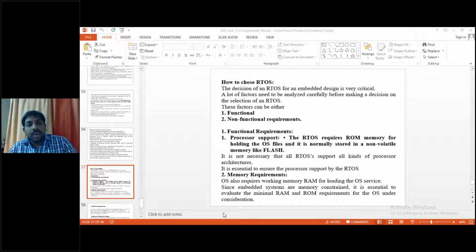The RTOS requires ROM memory for holding the OS files, and it is normally stored in a non-volatile memory like flash. And coming to memory requirements, the OS also requires working memory, RAM, for loading the OS services, and it is essential to evaluate the minimal RAM and ROM requirements for an OS.